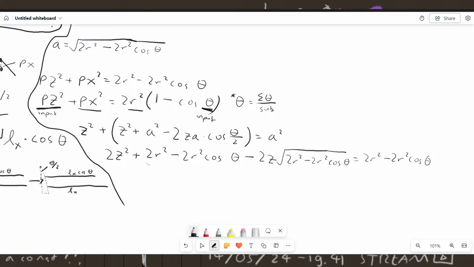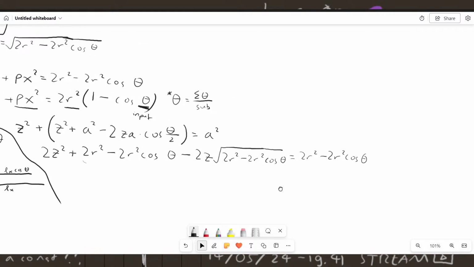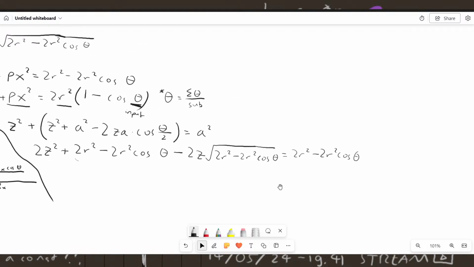Right about here. So okay, 2z squared plus 2r squared minus blah blah blah, minus 2za is that, and then multiply by another cosine theta over 2. Okay, I missed that one. Yeah, I'm sorry. That's why it got really weird. So I'll just delete all this and continue drawing. I'll just make a limit, right?